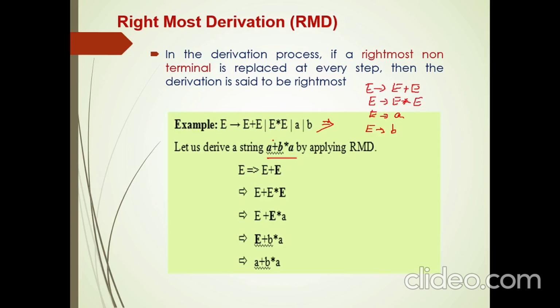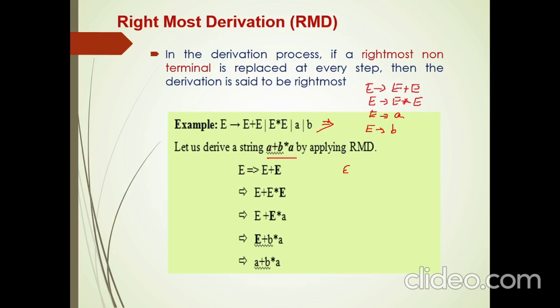So let us see how to obtain this. Always start from the start symbol. Here we have only one start symbol, that is E. Which is the right production of E to get A plus B star A? Since it is an expression involving operands and operators, the first operator I have to get is plus.